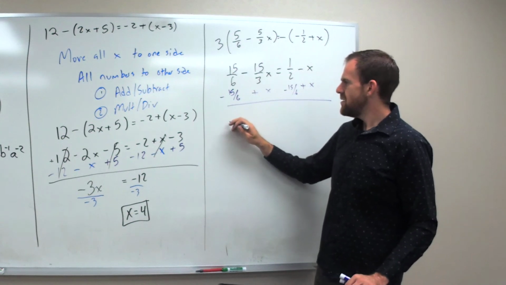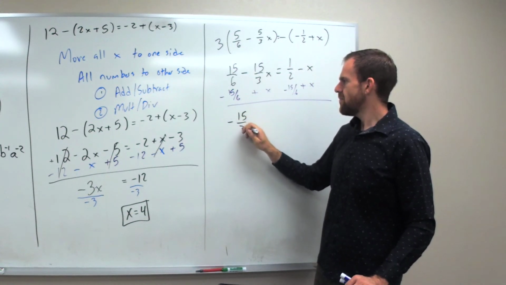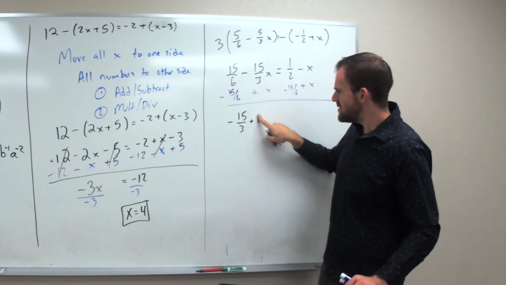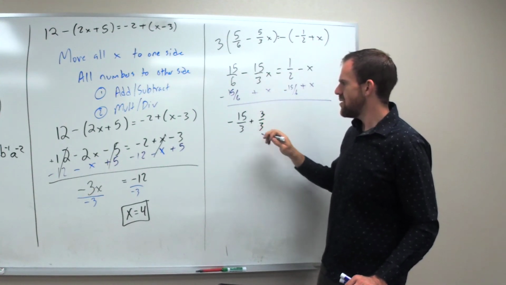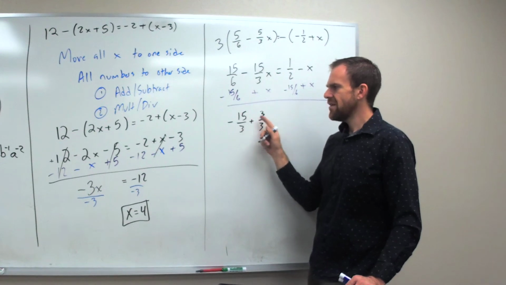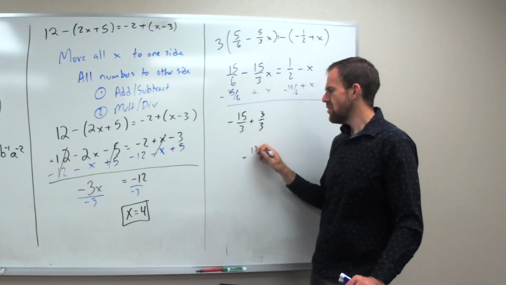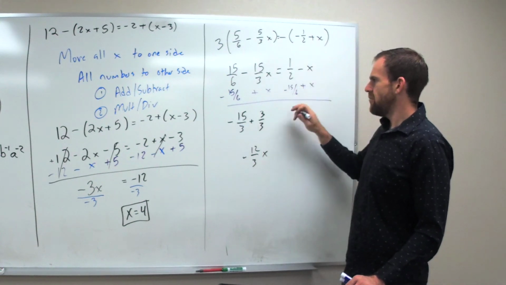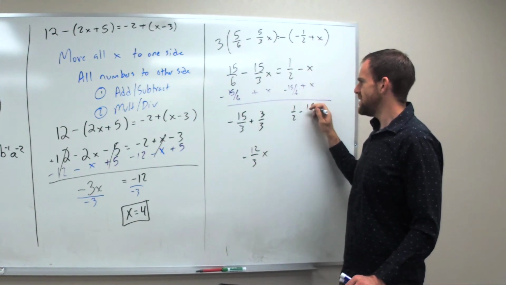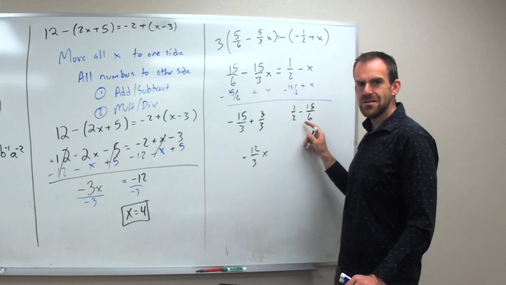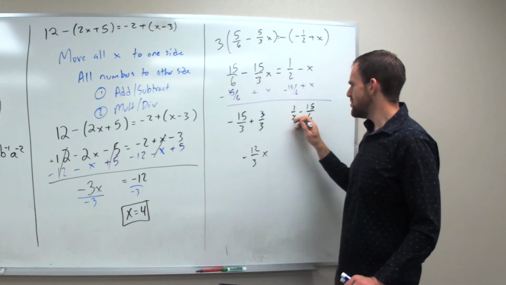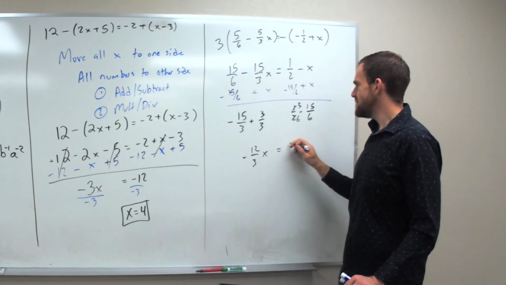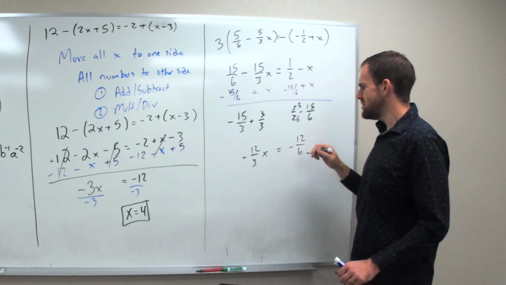So what is negative 15 thirds plus 1? Right, that's what we're doing here. 1 is the same as 3 thirds. So I have negative 15 plus 3, which is negative 12 thirds x. What do I have over here? I have 1/2 minus 15 over 6. I need these to have a common denominator, so I'll do 6 and 3. 3 minus 15 is negative 12 over 6.